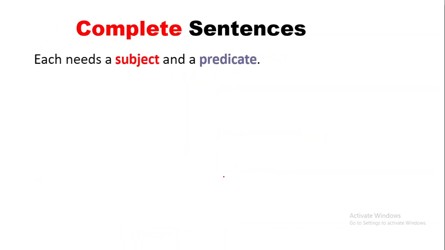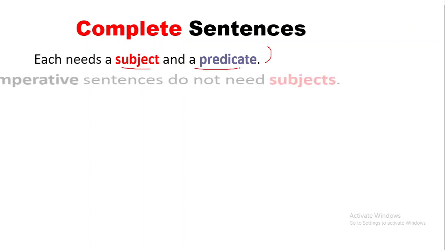Now, as I asked you the questions in the beginning of this lesson, what makes a sentence complete and what makes a sentence incomplete, let's get the answers to these questions. Each sentence needs a subject and a predicate in order to be complete. So a complete sentence always has a subject and a predicate.